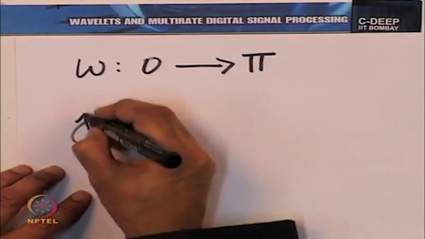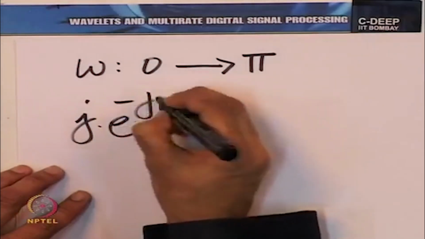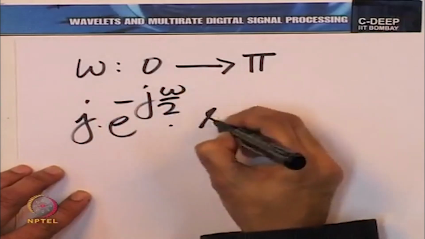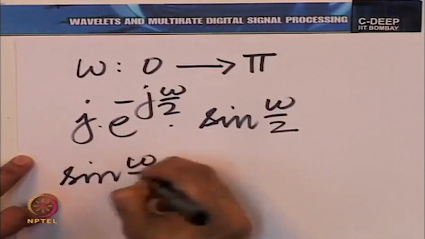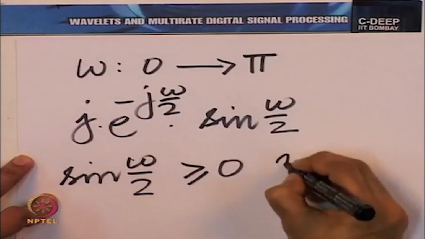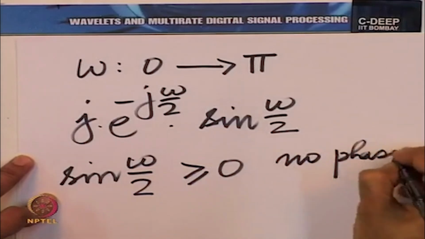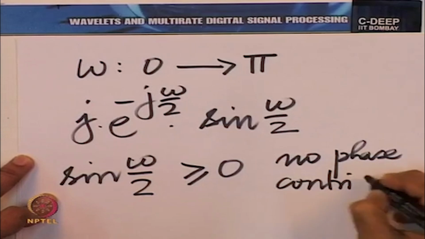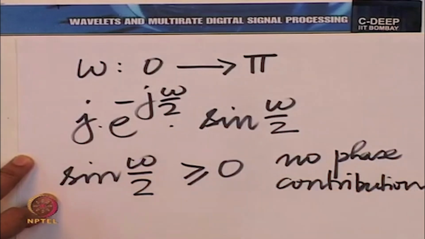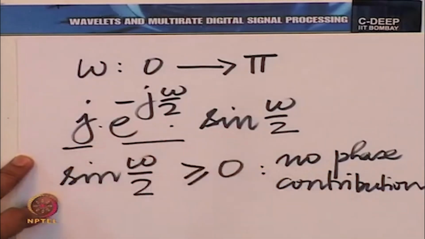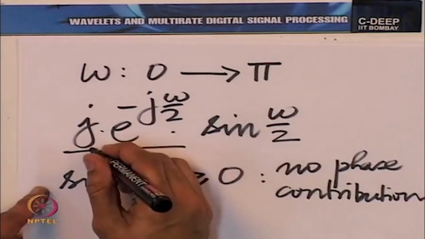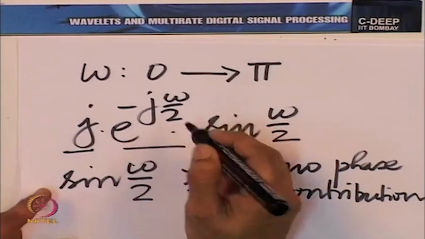And let us look at the frequency response expression, j e raised to the power minus j omega by 2 times sin omega by 2. Sin omega by 2 is non-negative. So, no phase contribution here. However, both of this term and this term have a phase contribution. In fact, the phase contribution is 90 degrees or pi by 2 from here and minus omega by 2 from here.